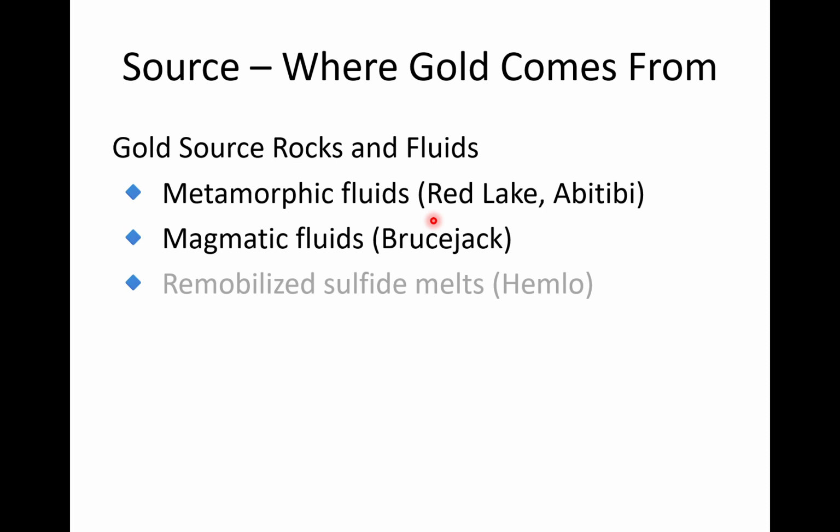So I would like to point out here that the fluid source in orogenic systems can be both metamorphic and magmatic fluids. The consensus for most orogenic mesothermal gold deposits is a supracrustal metamorphic fluid source.